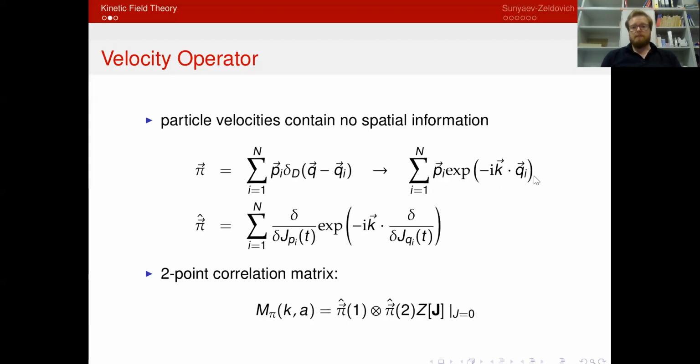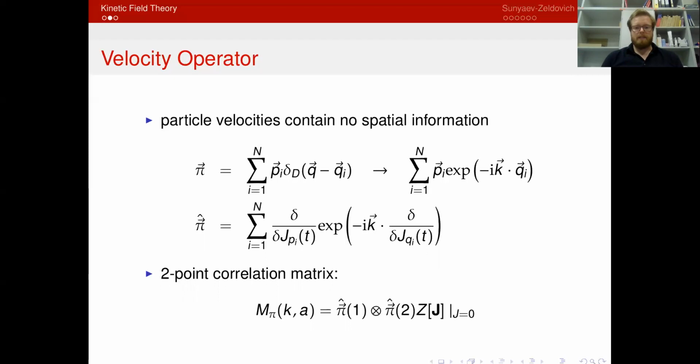Going into Fourier space, we pick up this Fourier factor right here, and in order to express this as an operator, we replace each position and each momentum of a particle with functional derivatives with respect to the source field J, with either the momentum or the position. In order to calculate the two-point correlation matrix, we simply apply two of these operators to the generating functional and set the source field to 0.